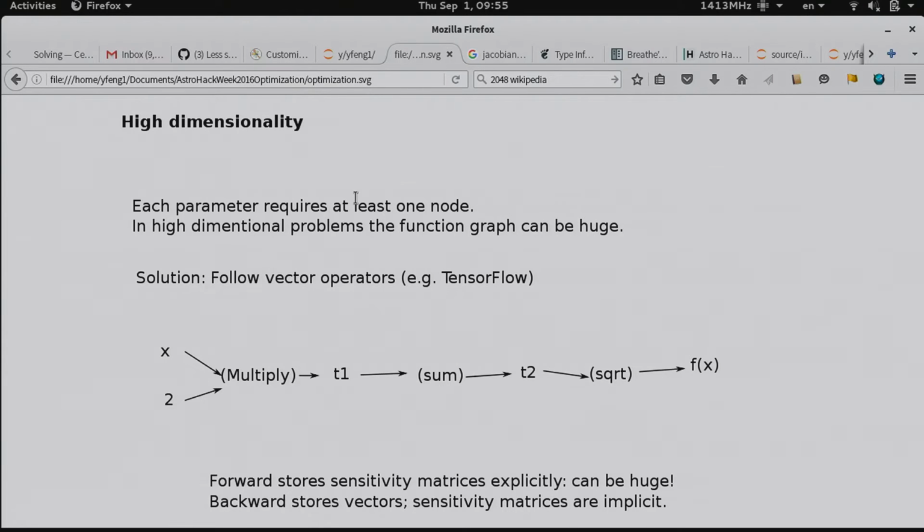That's a smaller memory requirement. Storing a gradient of a scalar is easier than storing a gradient of a vector. That's the advantage of going backward when we have high-dimensional vectorized operations.